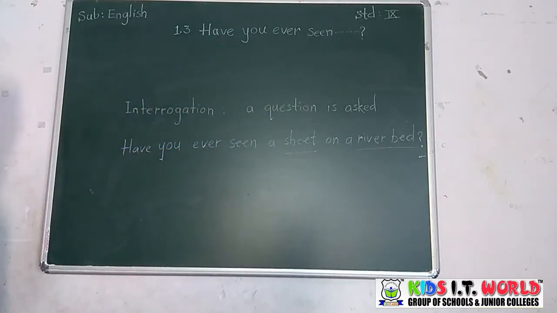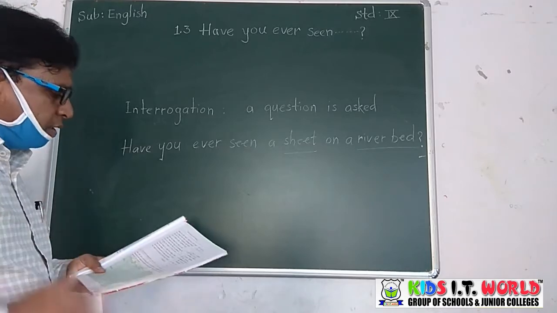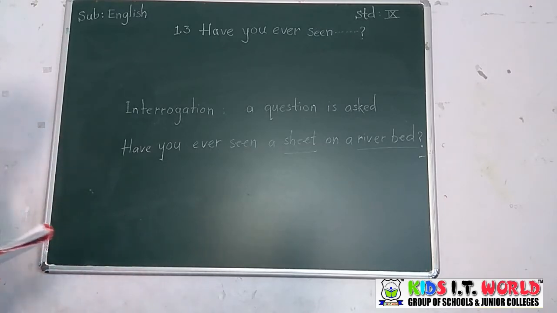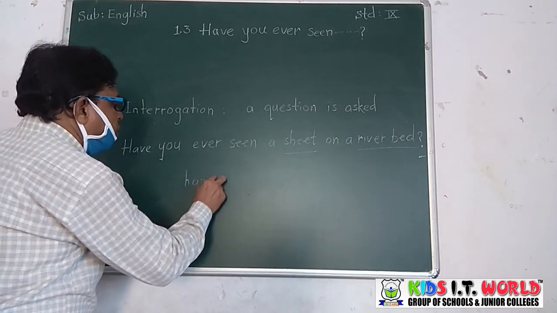When we talk about bed, we talk about bed sheet, but here there is no sheet on a riverbed, and no one has ever seen one. We can't put a sheet on the riverbed. In the second line, the poet says, "Or a single hair from a hammer's head." Hammer's head. You know hammer.